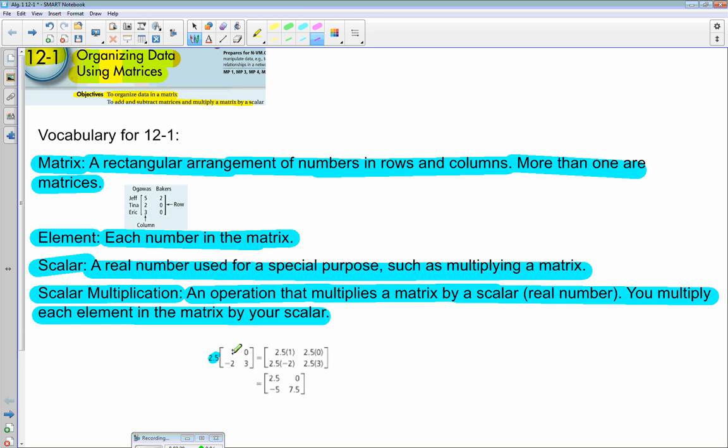What's going to happen is each item is going to be multiplied by the 2.5. So we got 1 times 2.5, 0 times 2.5, negative 2 times 2.5, and 3 times 2.5. The resulting products are then your simplified matrix.